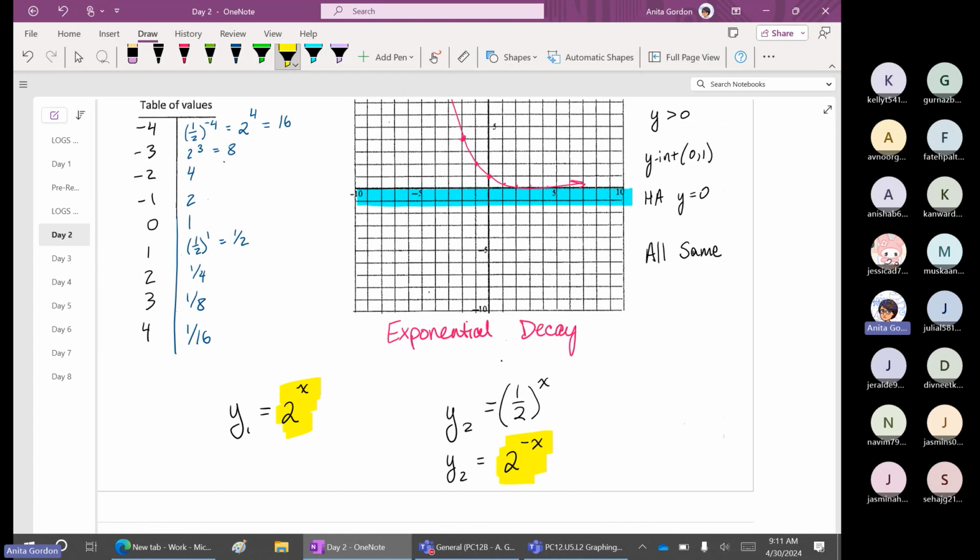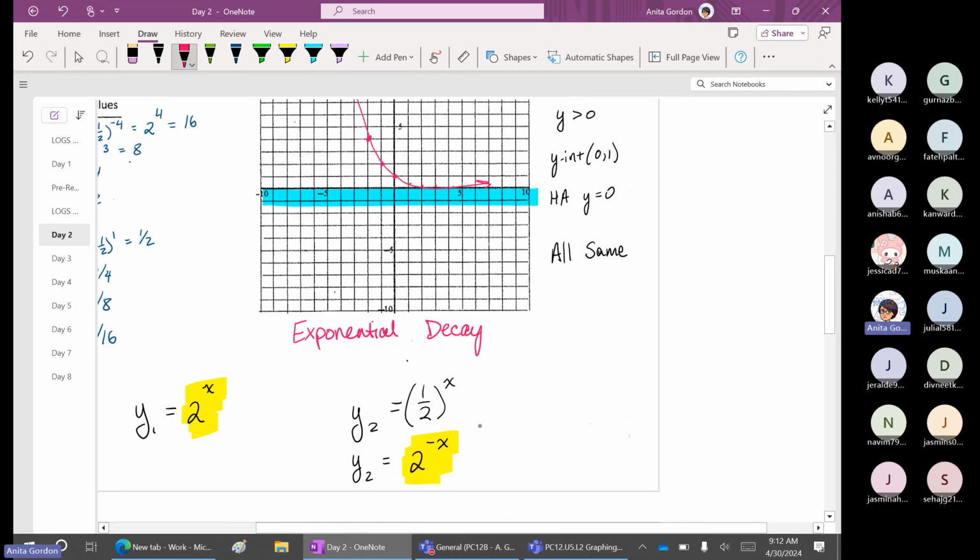Negative sign, right? Now remember back in Unit 1 and Unit 2 and Unit 3, when we replace x with a negative x, when we talk about transformations, this is just identifying a reflection over the y-axis.